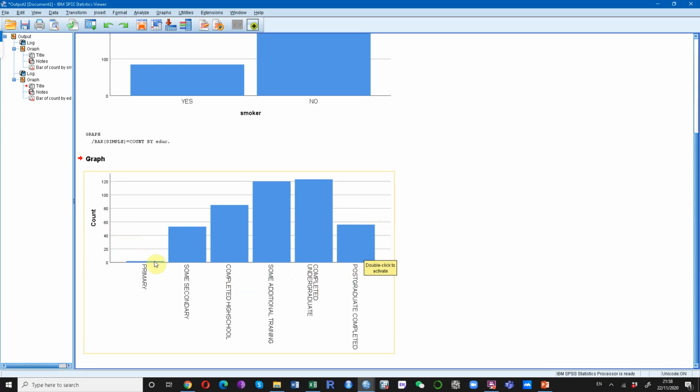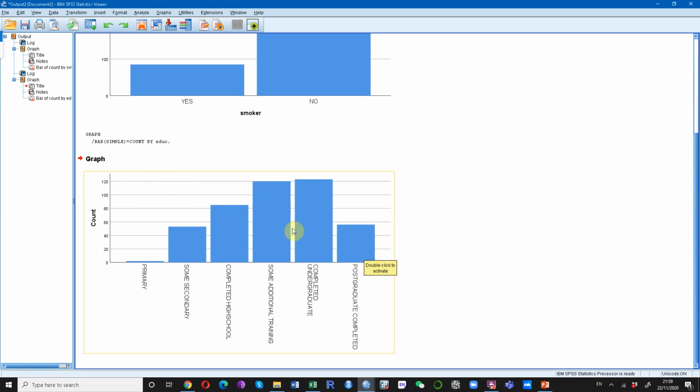So this is the cases. You can see that for complete high school, it's 80 something. For some additional training, it's almost bang on 120. For undergraduate, it's more than 120.